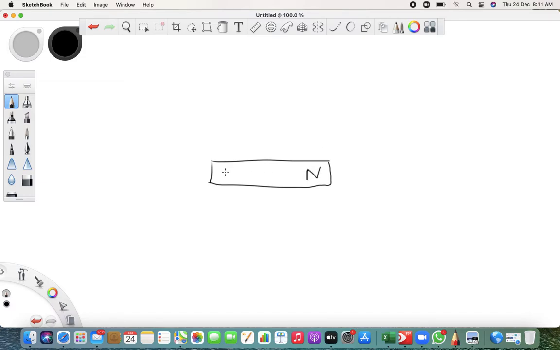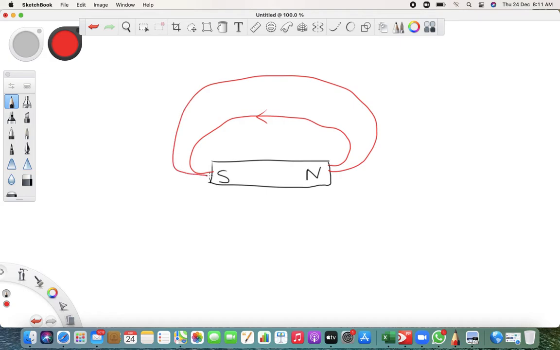Now if we talk about magnetic field lines, the first thing I showed is that they emerge out of the north pole and merge into the south pole outside the magnet.